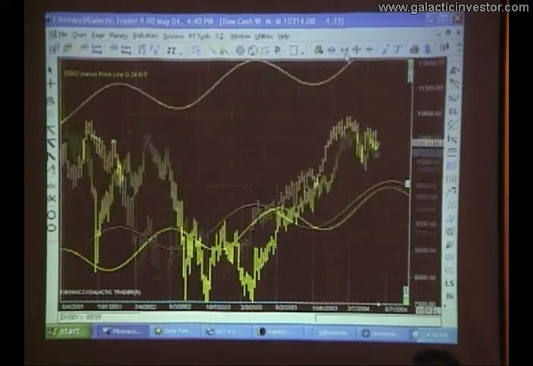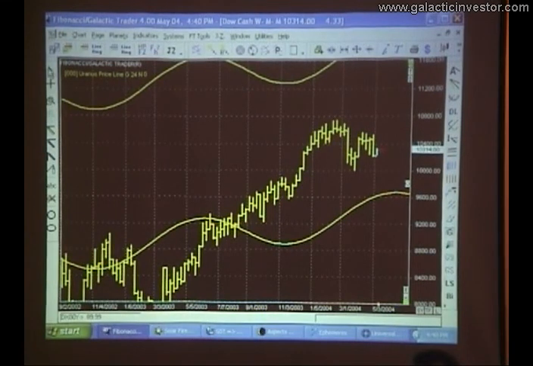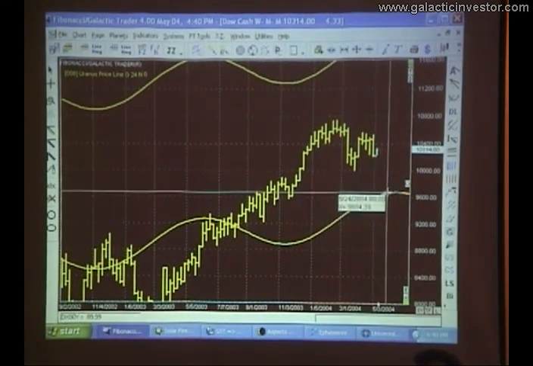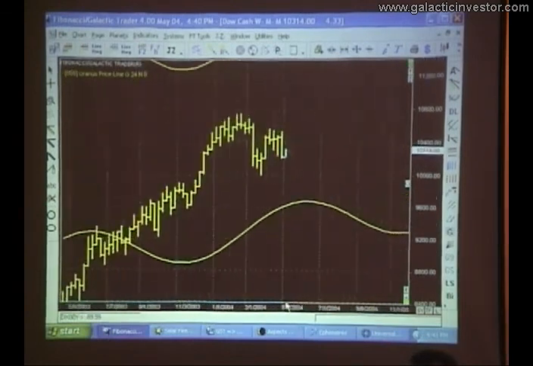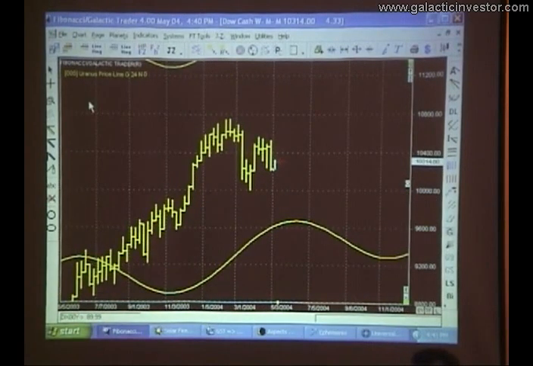And on the downside, this would say that the 9600 level around here is going to be a strong support level for the Dow on the downside. You see that? Right in here.